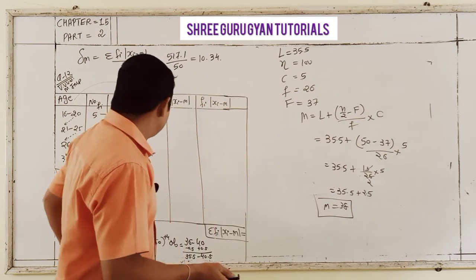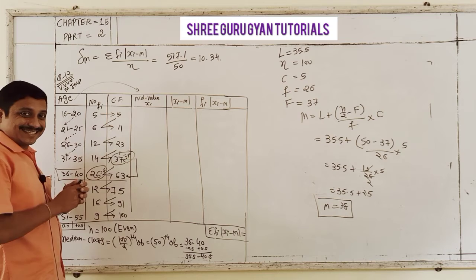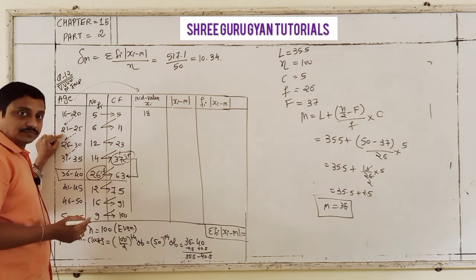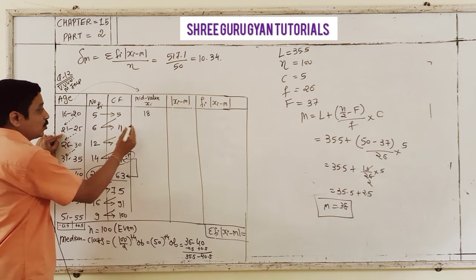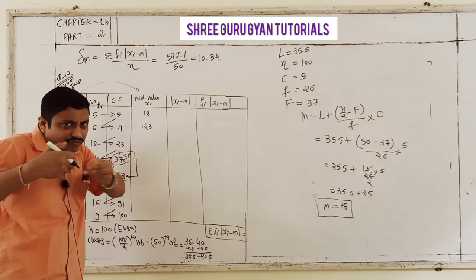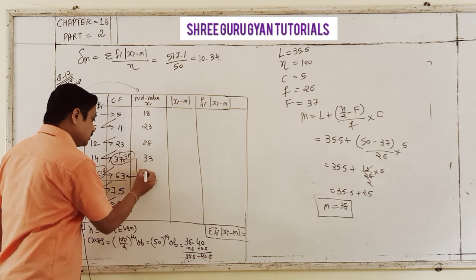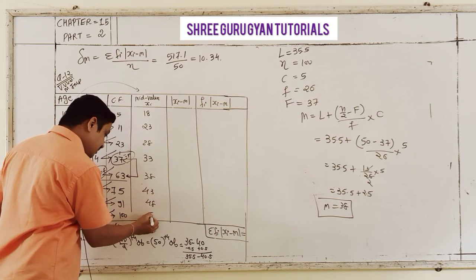So students, here xi means these are additions: 16 plus 20 is 36, 36 by 2 is 18. Next 21 plus 25 is 46, 46 by 2 is 23. You will check 5 is increasing, only 5 added, so 18, 23, 28, 33, 38, 43, now 48, 53.